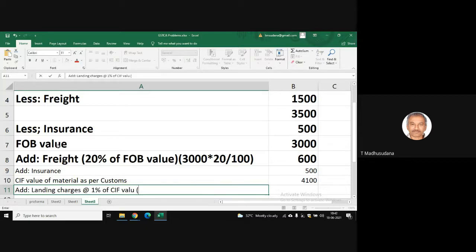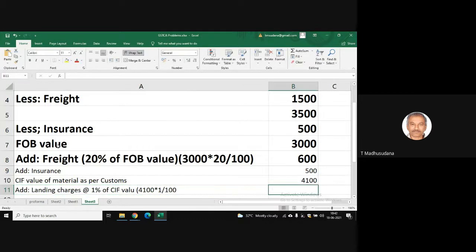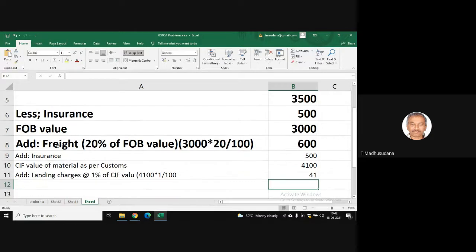That is equal to 4100 into 1 by 100. So 1% means 41 US dollars. 1% of 4100 is 41 US dollars.